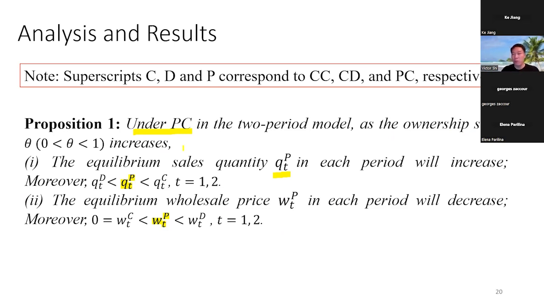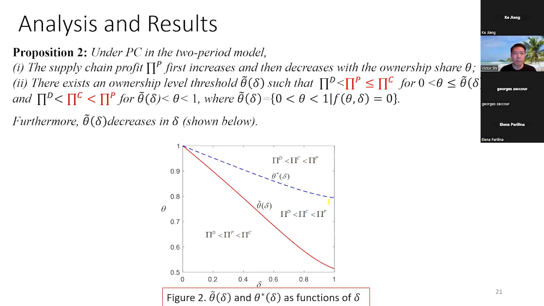Then the sales quantity is going to be higher and higher because you don't have the double marginalization problem, and the wholesale price is going to be lower and lower, because without double marginalization the wholesale price should be lower. PC is in the middle, which makes sense because PC is basically the middle of complete centralization and complete decentralization.